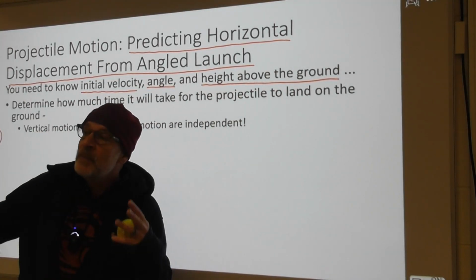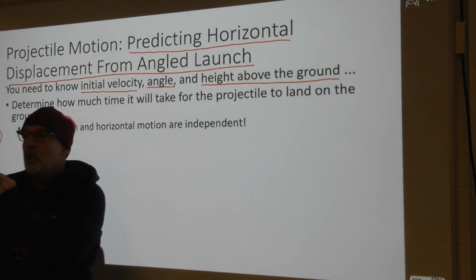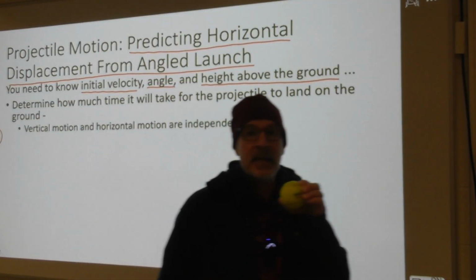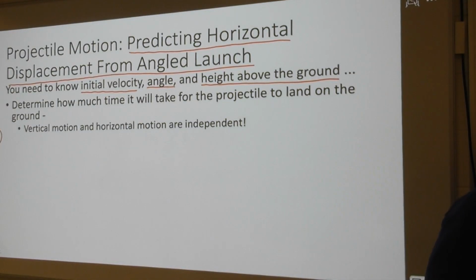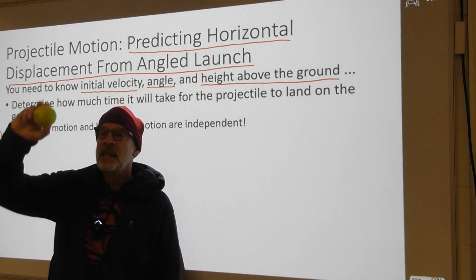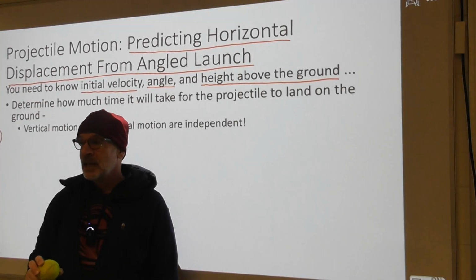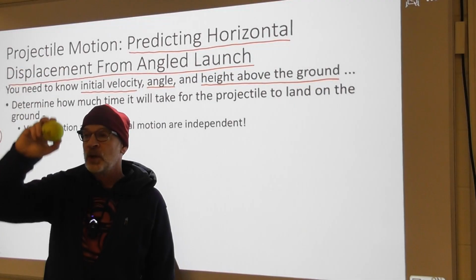But from a mathematical perspective, that tennis ball is going to have a horizontal motion that looks like this if we ignore the vertical motion. And it's going to have a vertical motion that looks like this if we ignore the horizontal motion. It's going to go up, and then it's going to go back down.